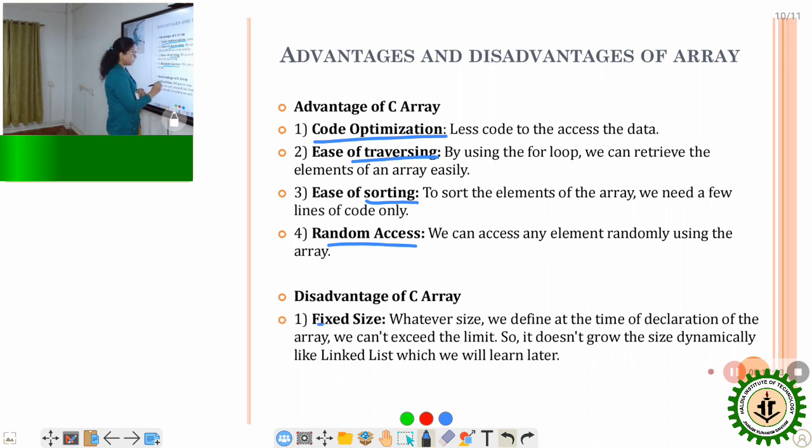And one specific disadvantage is fixed size. An array is a fixed size data type. A dynamic size is not possible here, and that is possible in the linked list, which we will discuss in a later lesson.